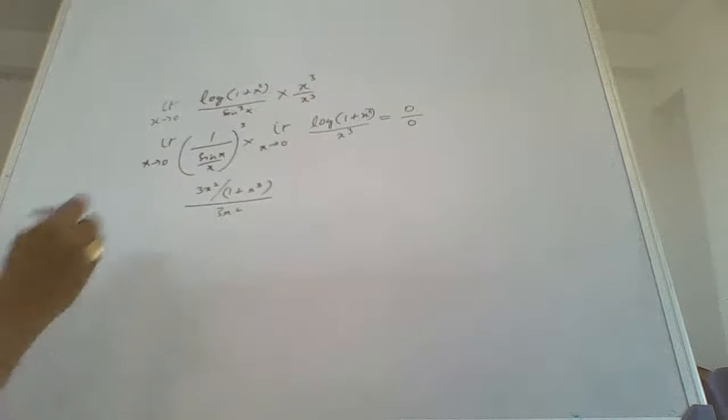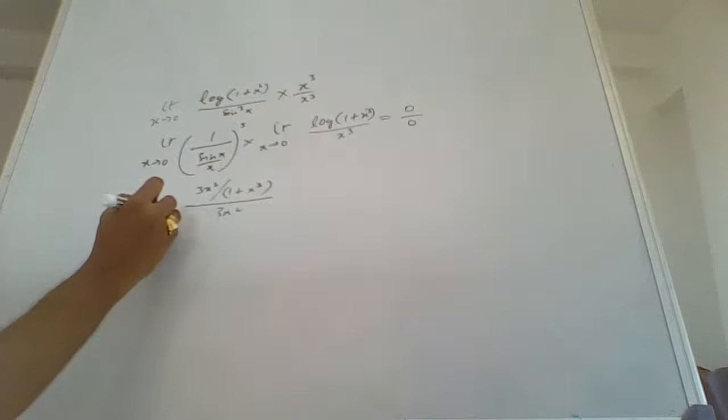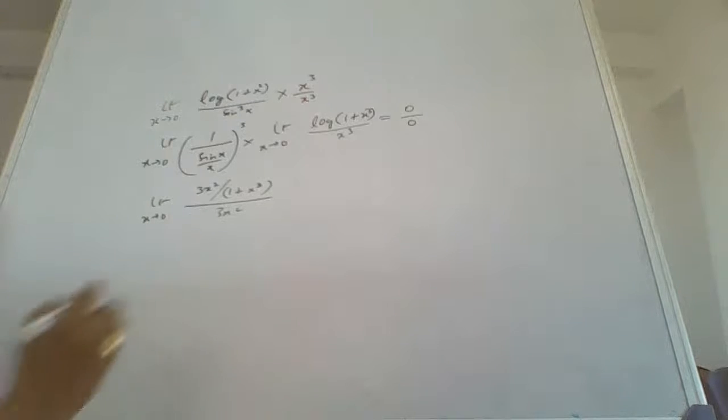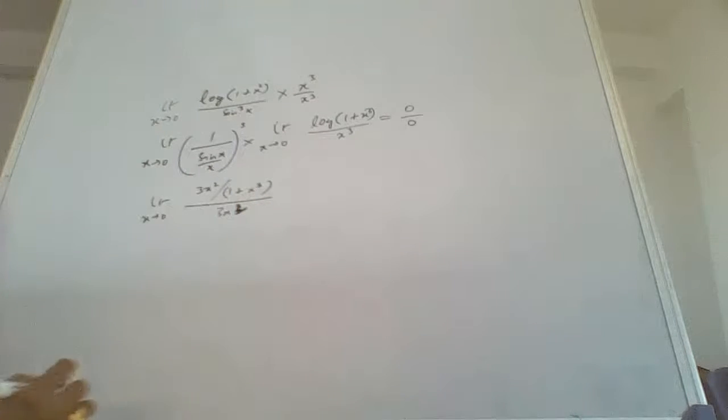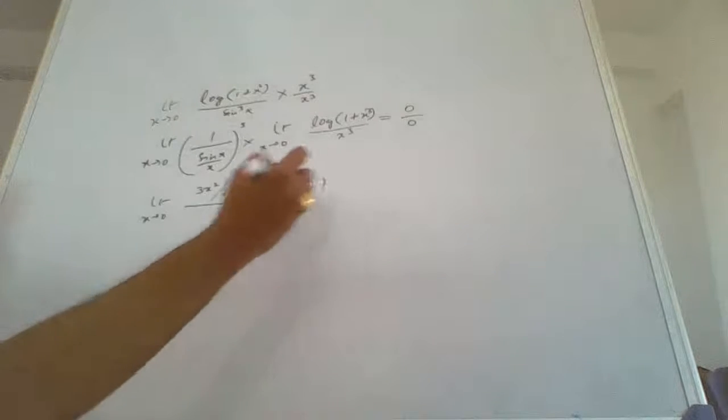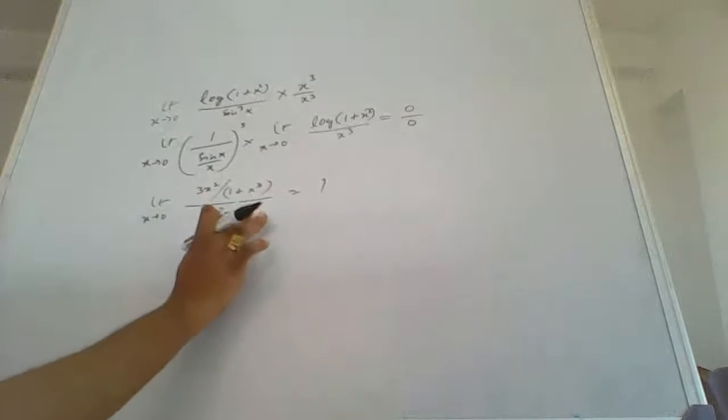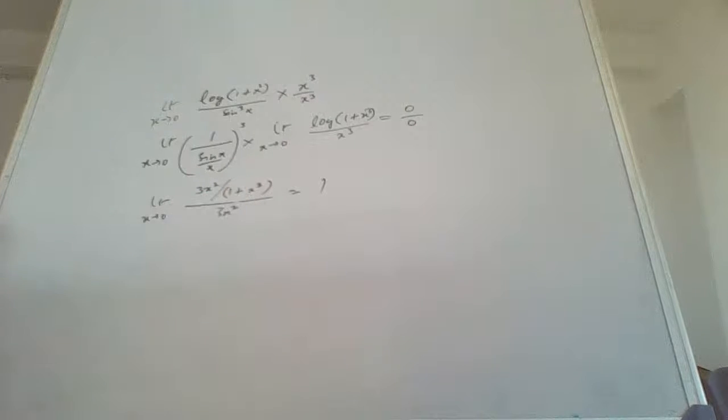Simplifying further, these x square terms and the 3 get cancelled. If I put x equal to 0, this becomes 1. I hope you understood this problem.